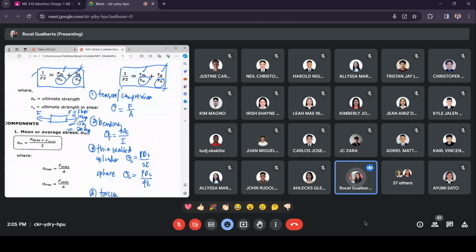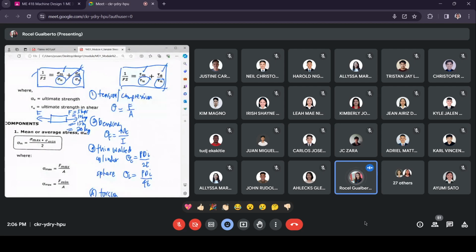So which one would be used in our variable stress? Gaano man po yung kadami, you simply choose the minimum value, and also you choose the maximum value. So kukunin lang po natin maximum and minimum values, and yun po yung gagamitin natin.